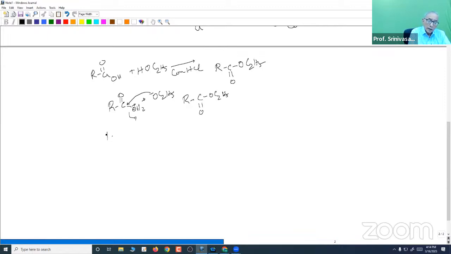For this, the carboxylic acid is reacted with sulfonyl chloride or thionyl chloride, SOCl2. This converts the hydroxy group to the chlorine group. This compound is called acid chloride.